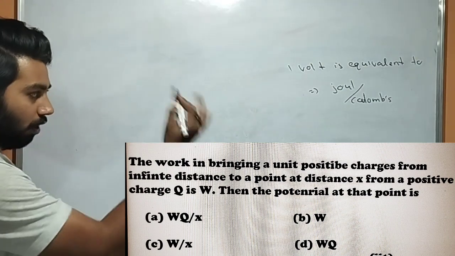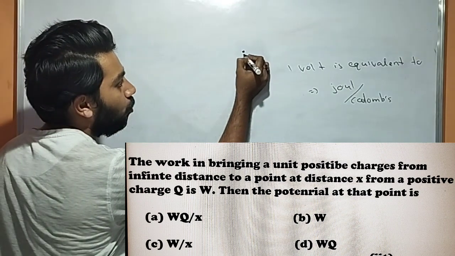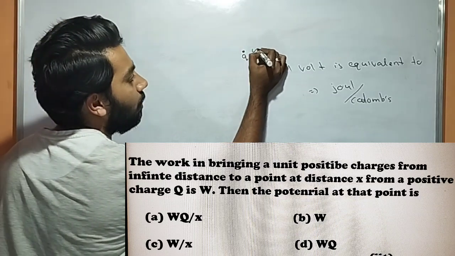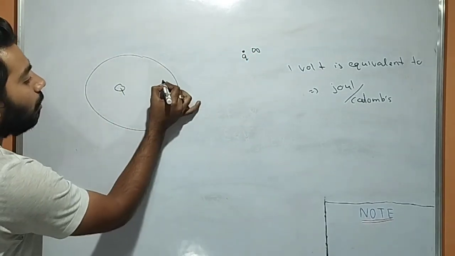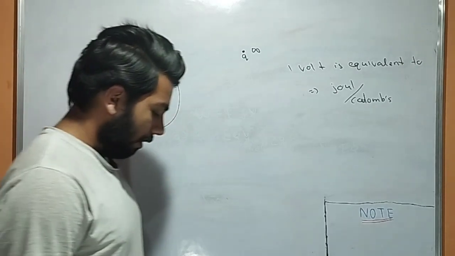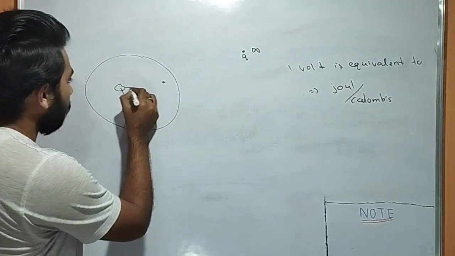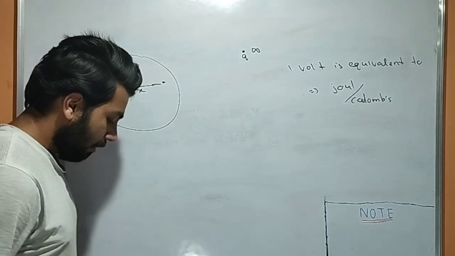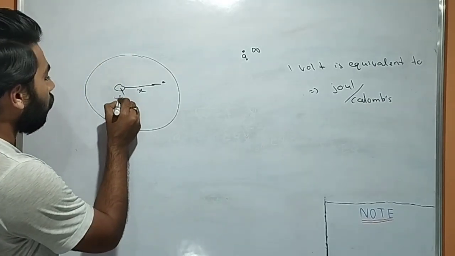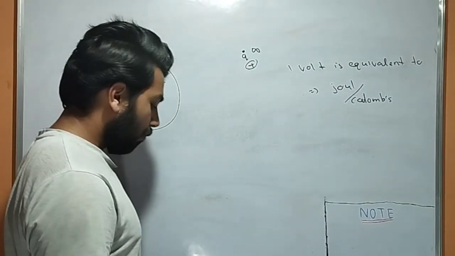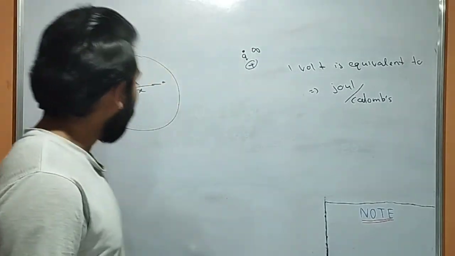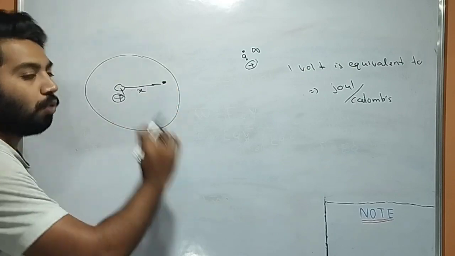The work done to bring a charge from infinity to a point in a charge field, at a distance x from a positive charge. This is also a positive charge. Then the potential at this point is what?